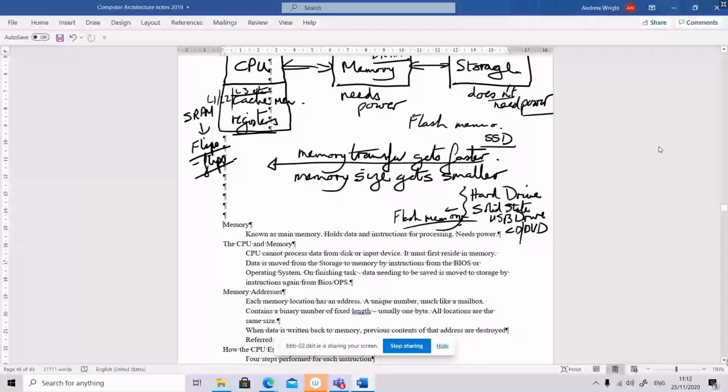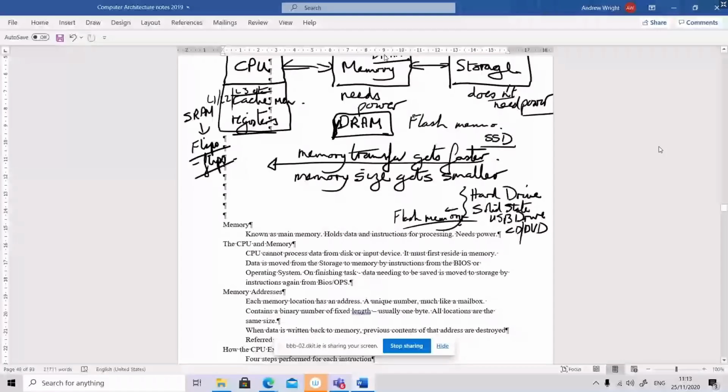Memory is usually made up of DRAM. Even in small devices, there's usually a very small bit of buffer DRAM between the storage and the CPU, to speed things up, acting a little bit like the cache memory. So we'll look at DRAM. DRAM, D for dynamic, S for static.